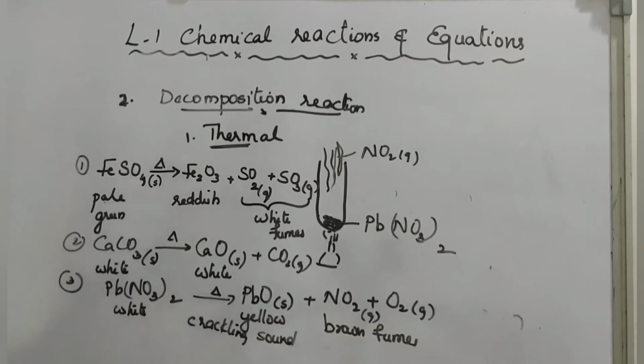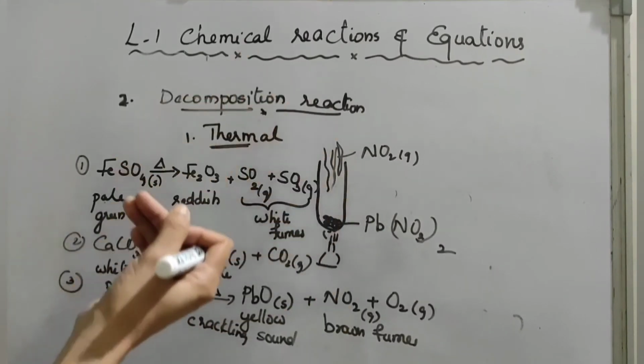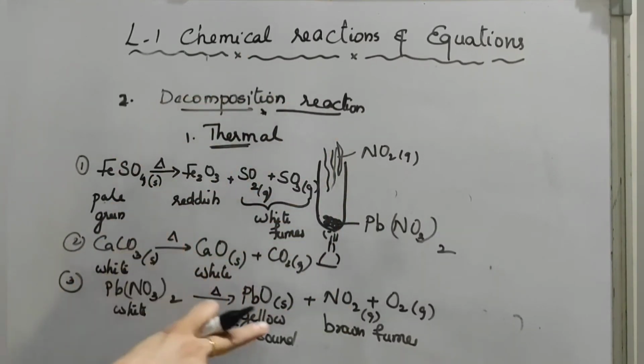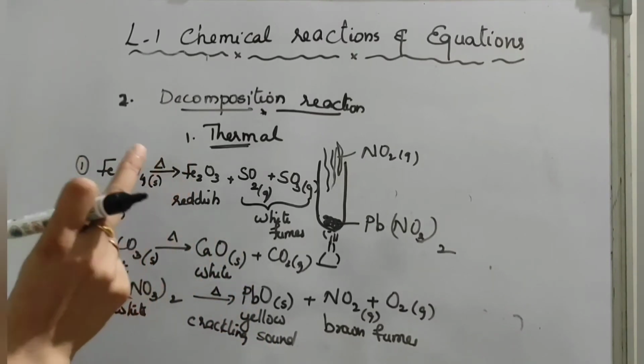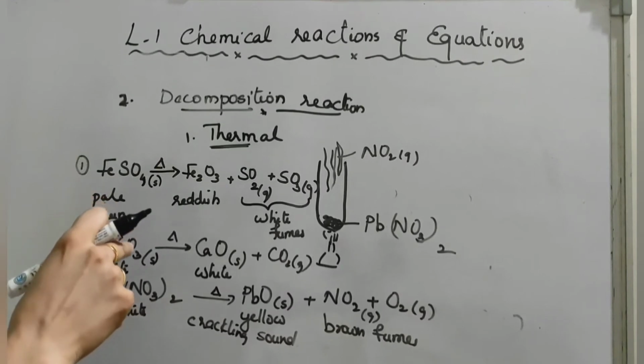White changes to yellow and reddish brown fumes are coming, and oxygen gas is there. So what is the color of nitrogen dioxide gas? Reddish brown fumes. These three reactions are known as thermal decomposition reactions.